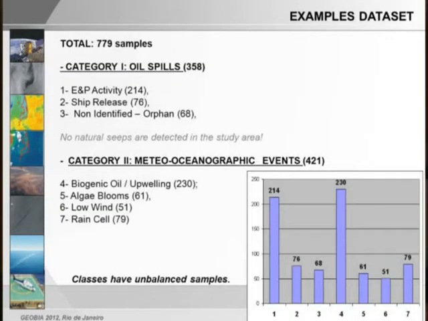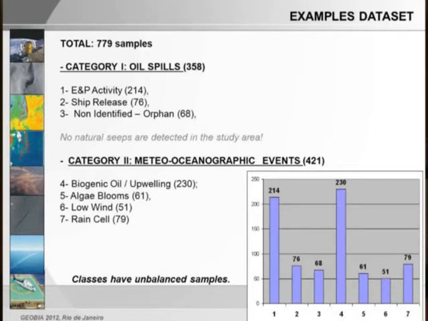So then, at this point, we have a table. We export all the data from the ArcGIS to a table. And here, it was possible with this strategy to achieve 779 samples that were divided into two main categories: oil spills or meteo-oceanographic events.